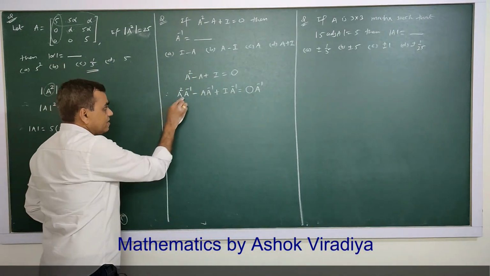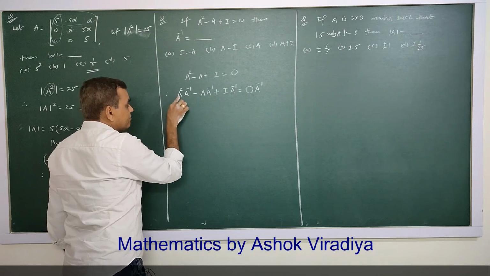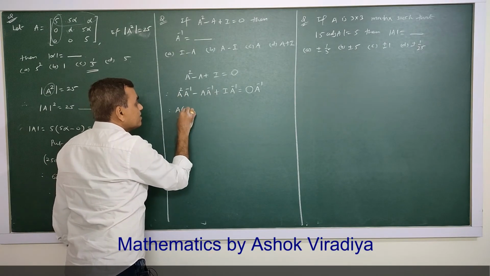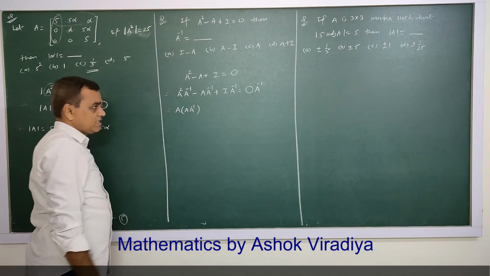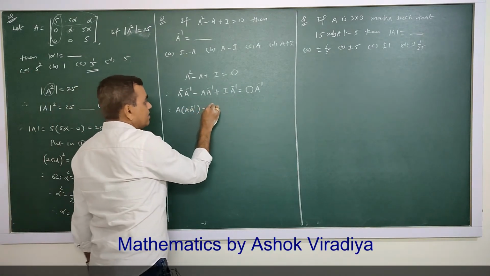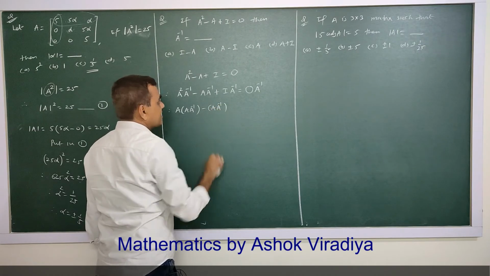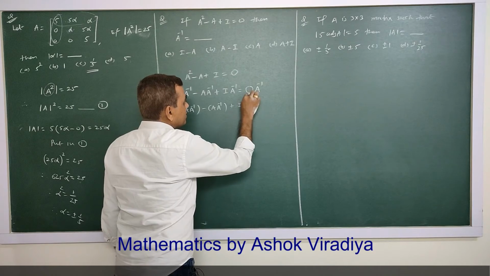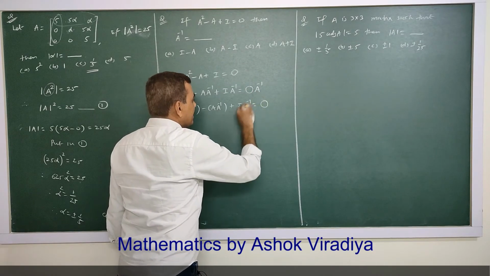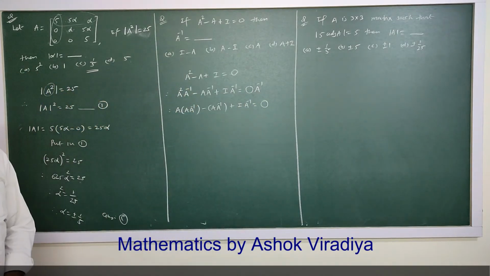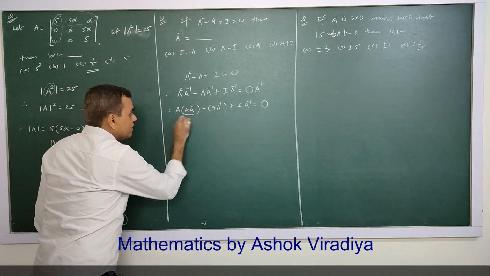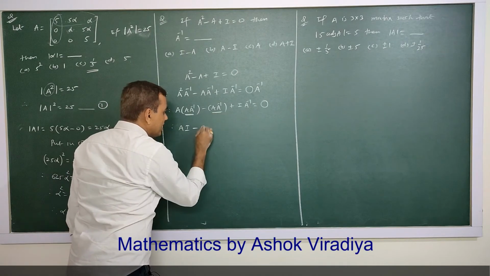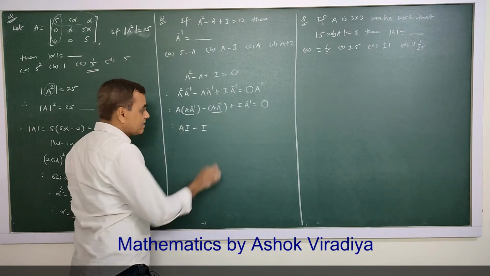Now this can be expressed as: from A square, take one A with A inverse. So A into A inverse minus A, keep this as it is, plus I into A inverse equals 0. Multiplying any matrix with the 0 matrix gives the 0 matrix. Now A into A inverse is I, the identity matrix.